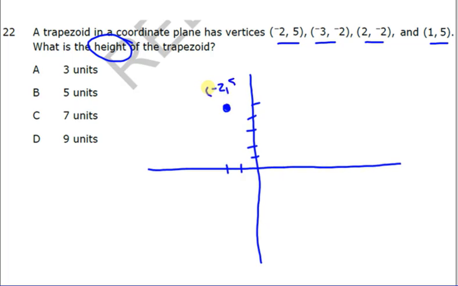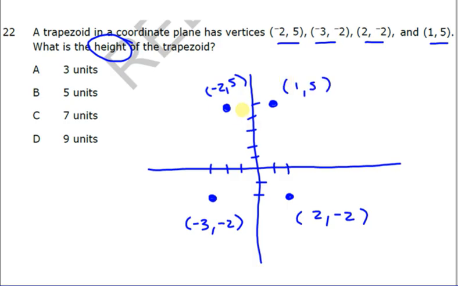And I'm going to even label it. My next one is, let me draw some lines here, -3, -2. My next one is +2, -2. And my last one is +1, +5.